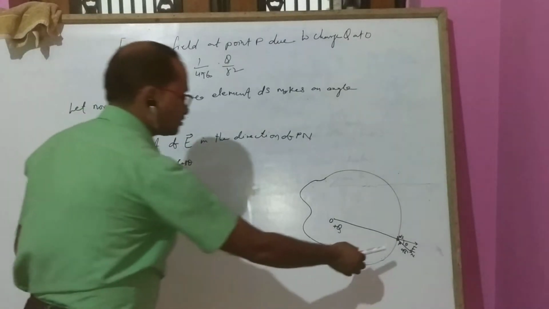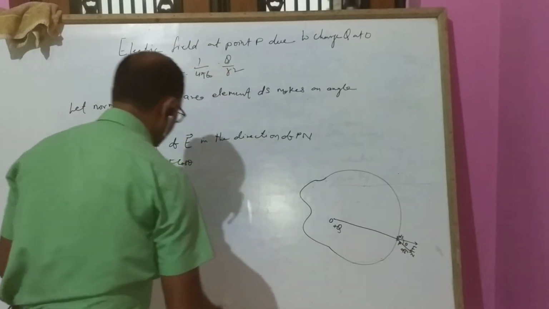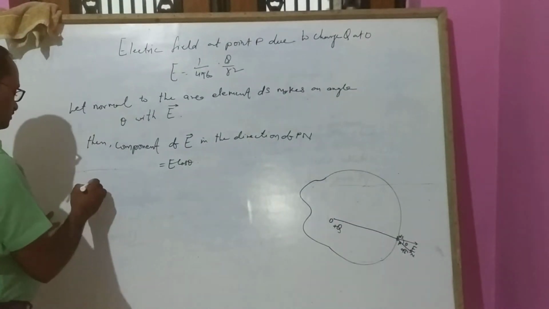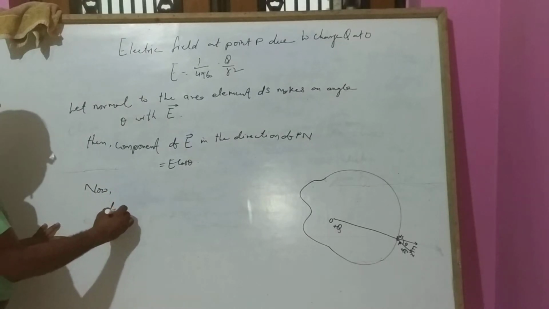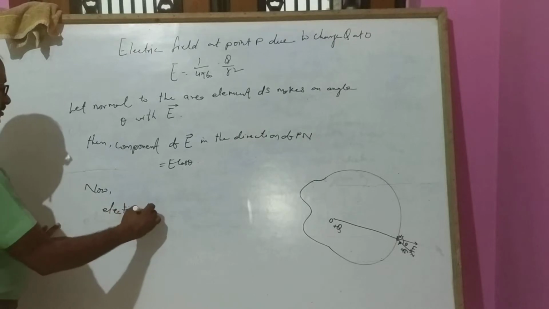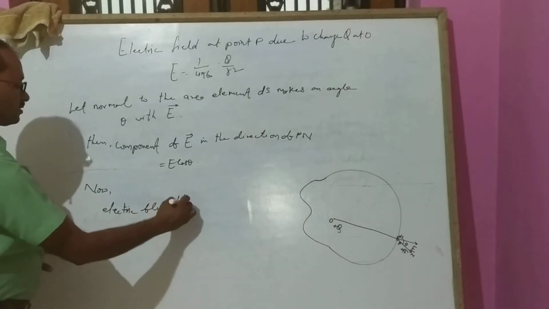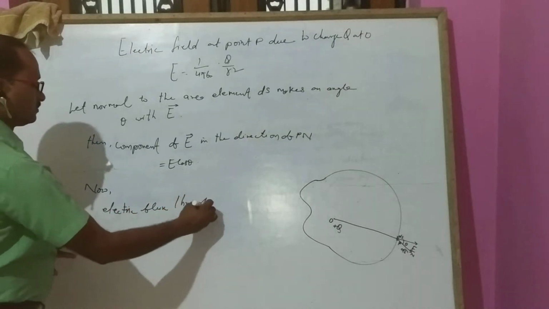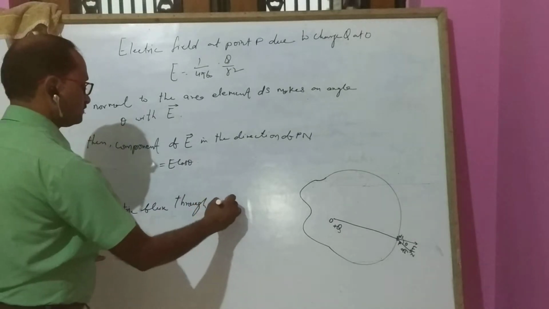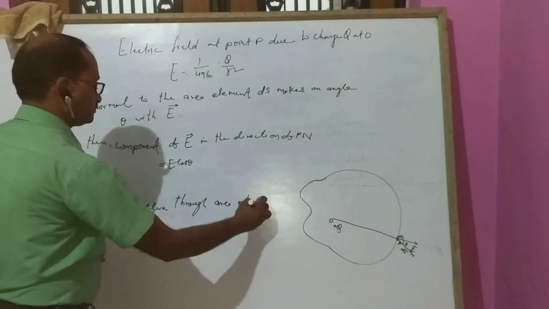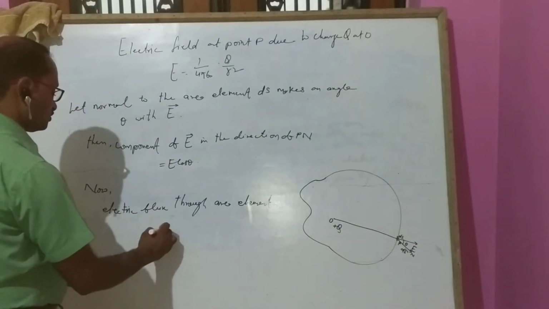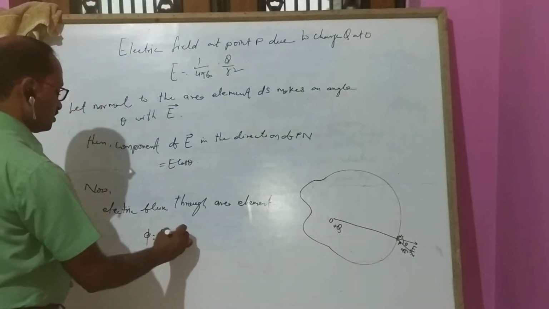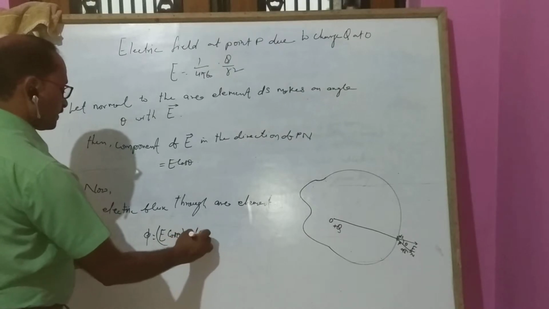Now the electric flux through this area element dS, d phi, equals E cos theta into dS.